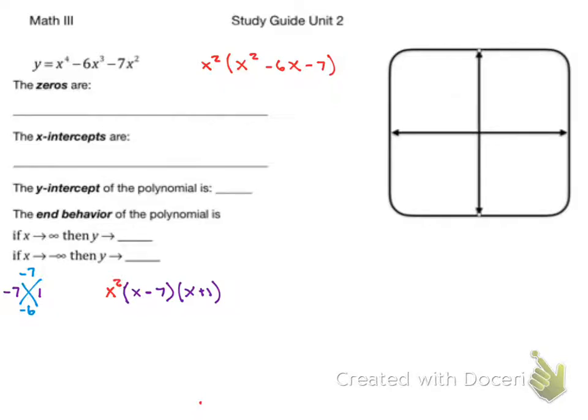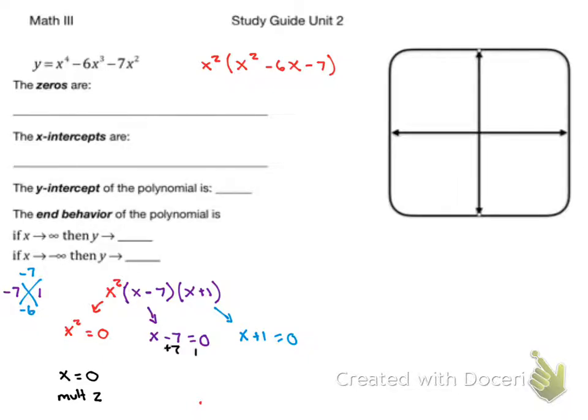Now I want to start figuring out what my zeros are. The first thing we're going to do, we have x squared equals 0. Then we have x minus 7 equals 0. And finally, we have x plus 1 equals 0. Simplifying all these out, this is x equals 0 with a multiplicity of 2.